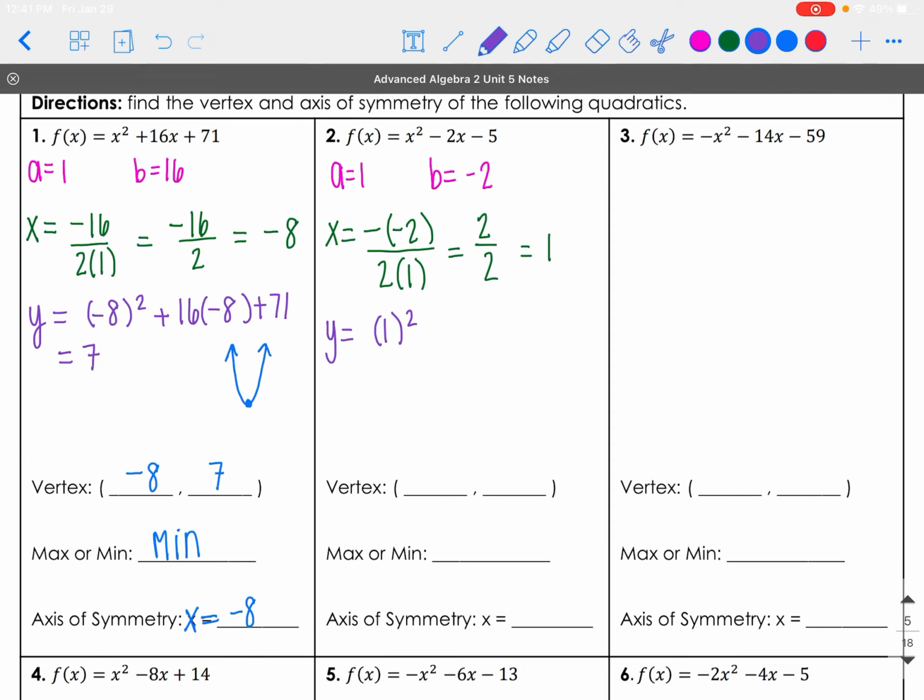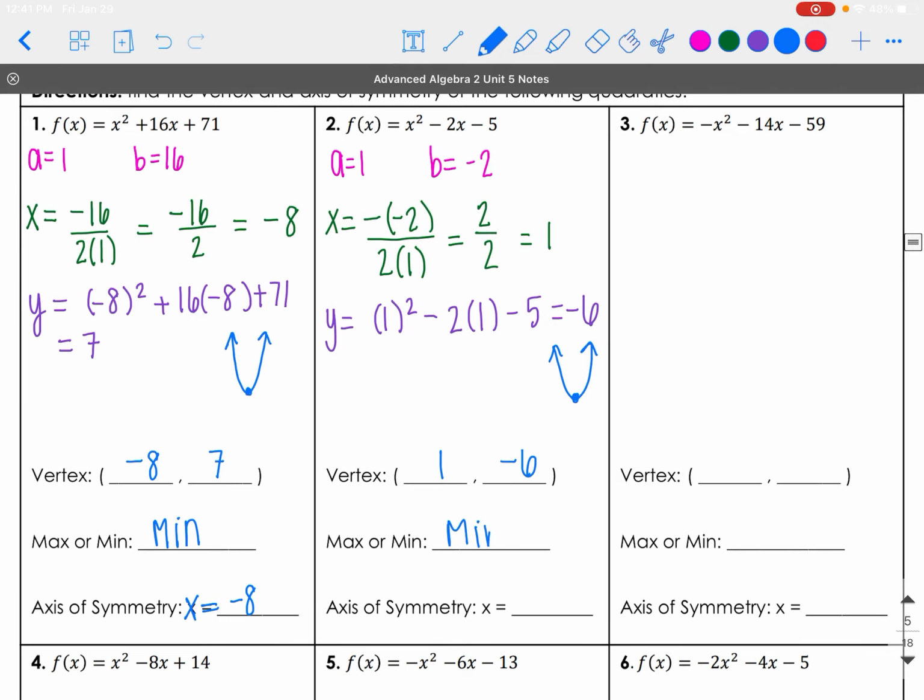The y value: 1 squared minus 2 times 1 minus 5 equals negative 6. So my vertex is 1, negative 6. Since my a value is positive, it points up, meaning my vertex is at the bottom. So it's a minimum. And my axis of symmetry, make sure you write x equals 1. It's the x value of the vertex.